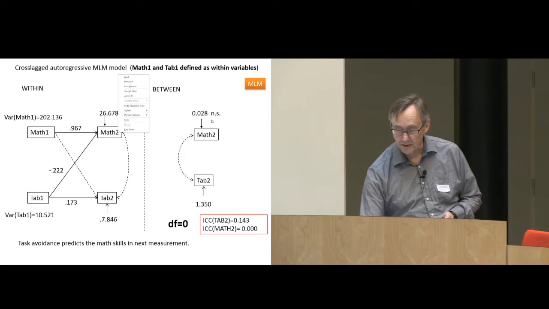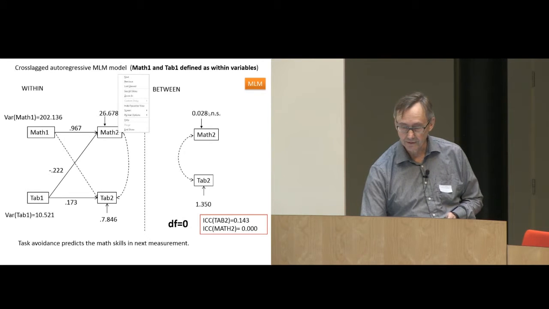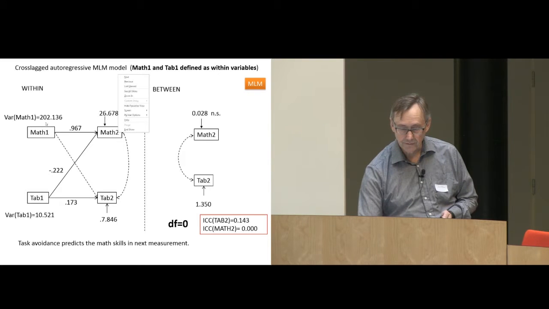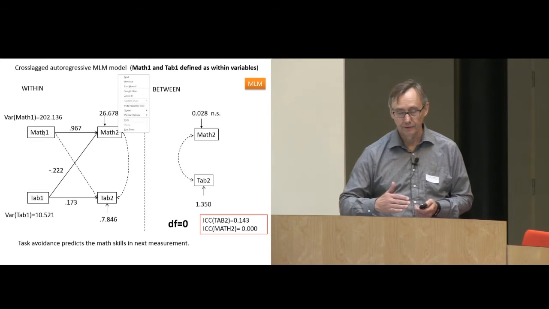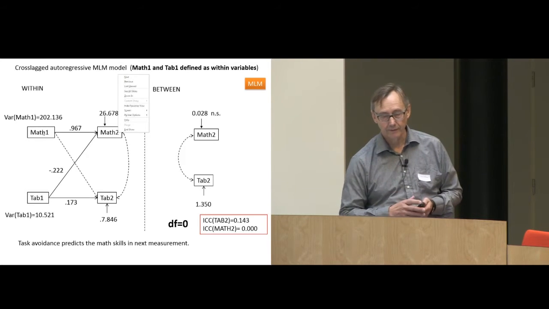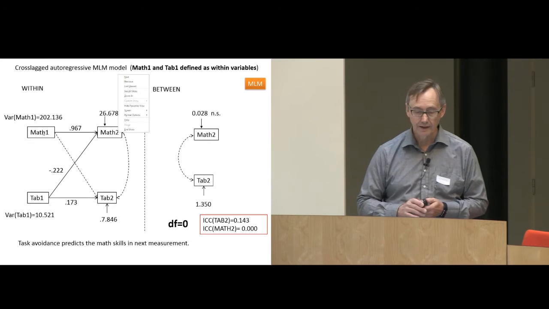So it means that the variance of math 2 in between level is 0. It's now 0.03 and it's not significant. I can estimate all the variation in within level. But now you can see, because I have defined it as a within variable, the variation in within level also includes individual variation in level.